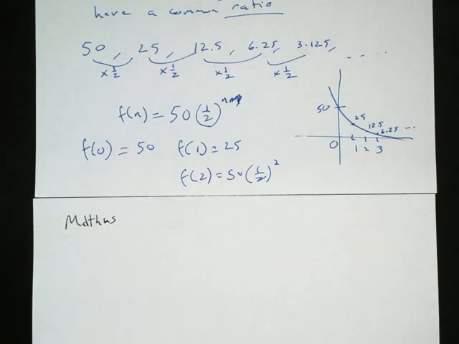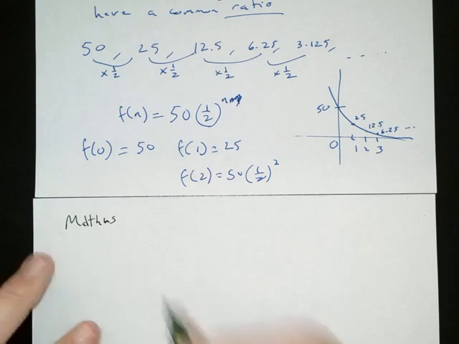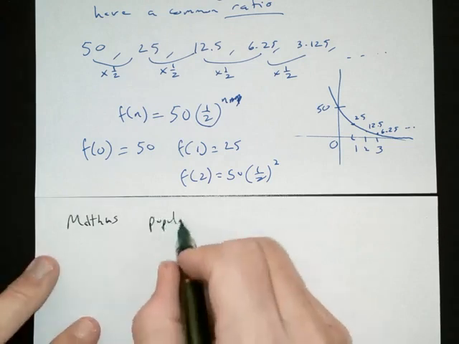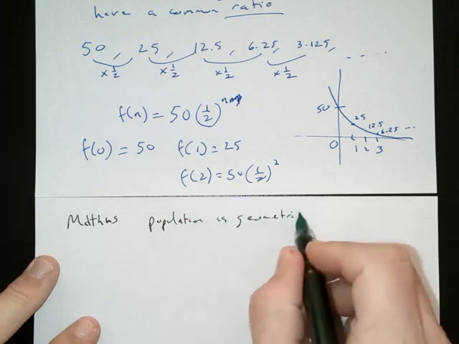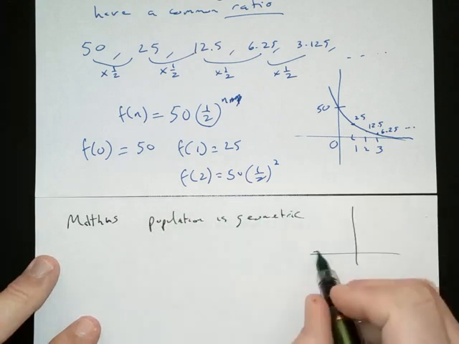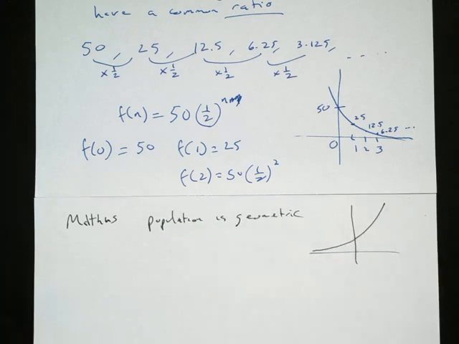Malthus said population is a geometric behavior. Population grows like that. And it's got a big growth factor, so we keep growing. There are more and more and more people, faster and faster.